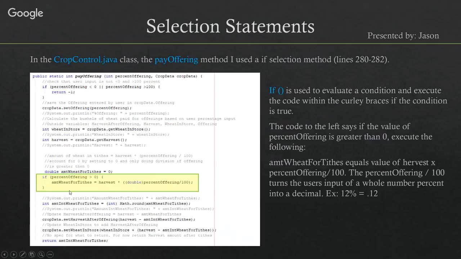Here we have the amount of wheat for tithes equals the value of harvest, which is set up here, and then we multiply that by our percentage. Now our percentage coming in from the user, they might type in 12, 1, 2. We need to divide that by 100, which will give us 0.12, so we can actually get the percentage.